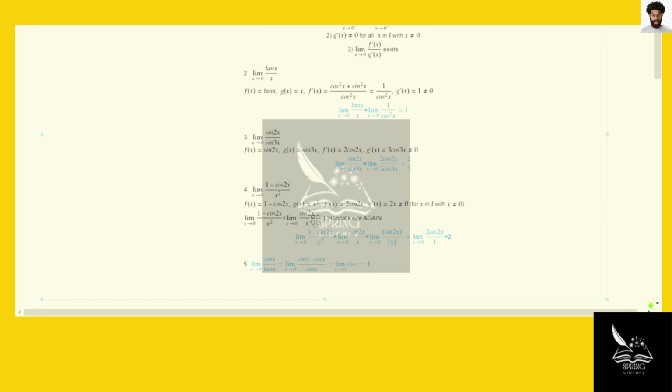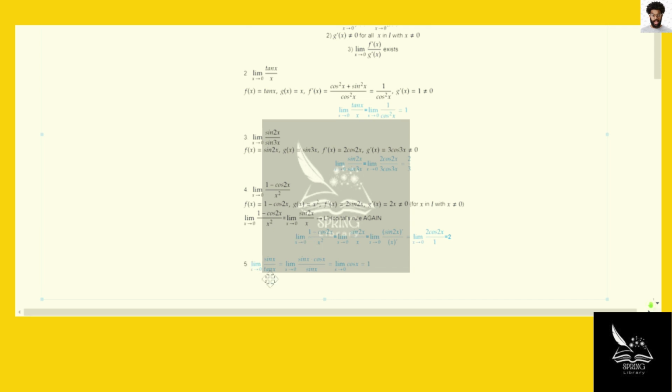The derivative of the numerator in this case is 2 multiplied by cosine 2x, and the derivative of the denominator is 1. So this limit equals the limit of 2 cosine of 2x over 1 when x approaches 0, and it equals 2 because cosine of 2x when x is 0 is 1.